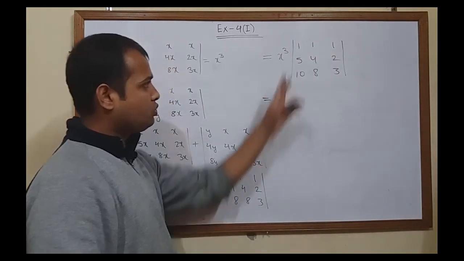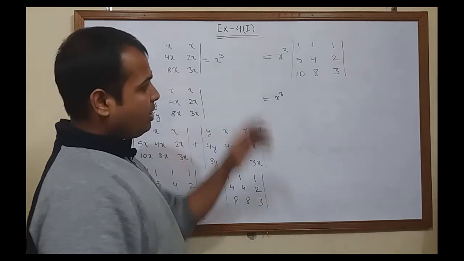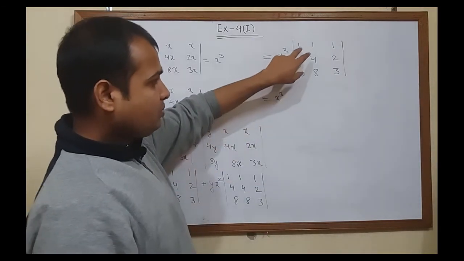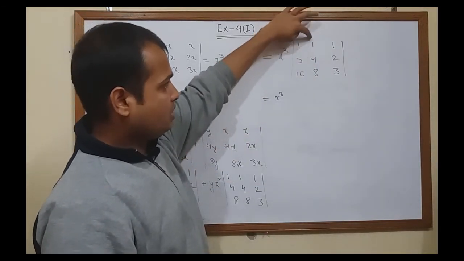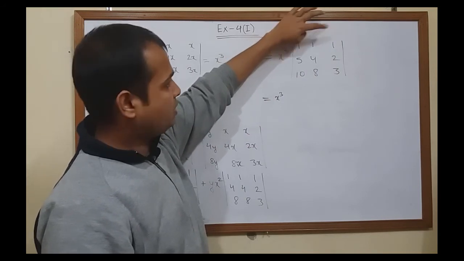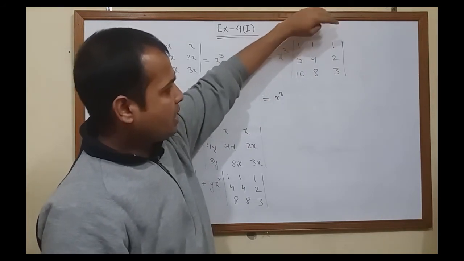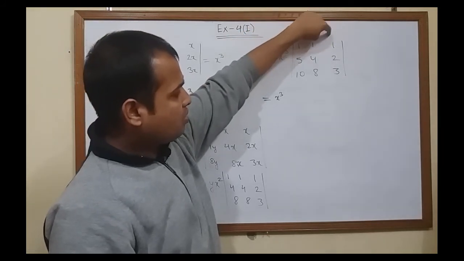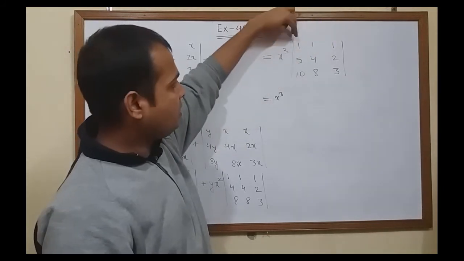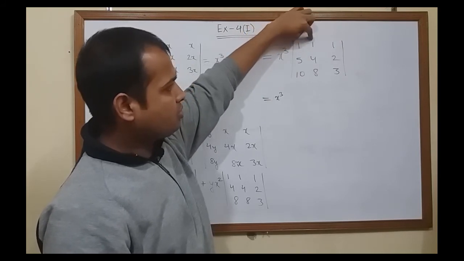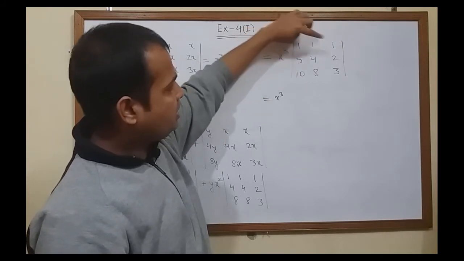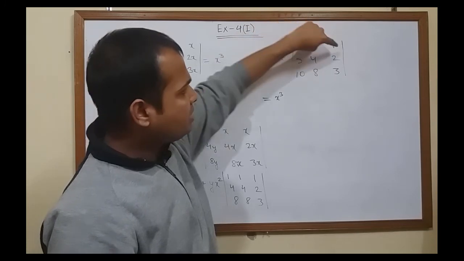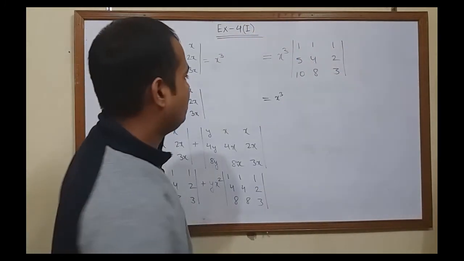And how can I do that? Suppose I take column 3 and subtract it from column 1, and I subtract column 3 from column 2 also. In that way this will get 0, this will also get 0, because in each case 1 minus 1 is 0.